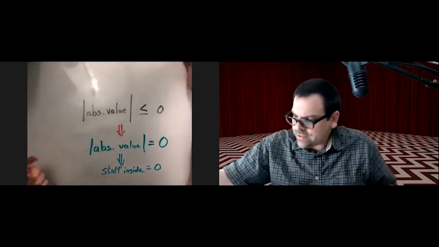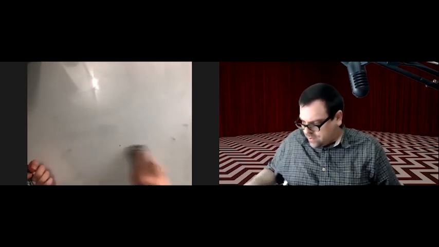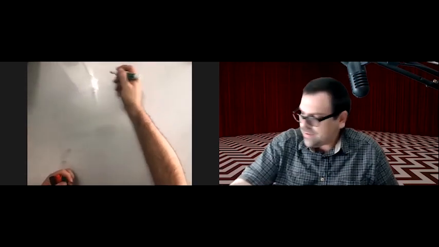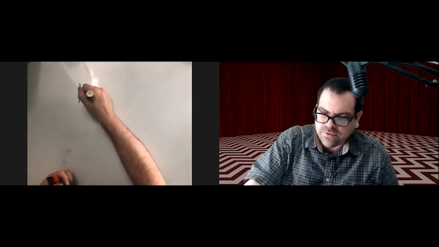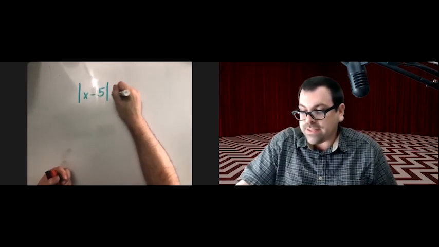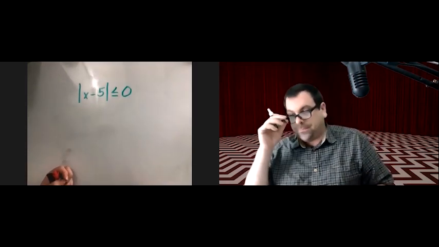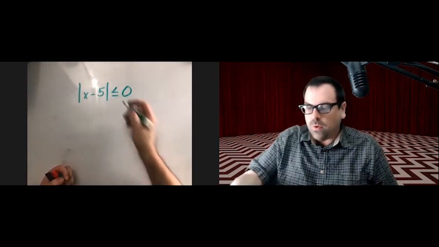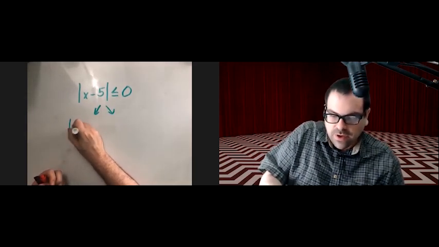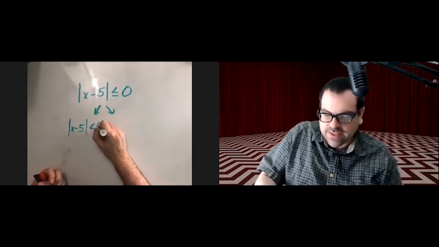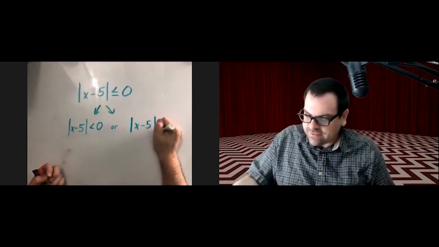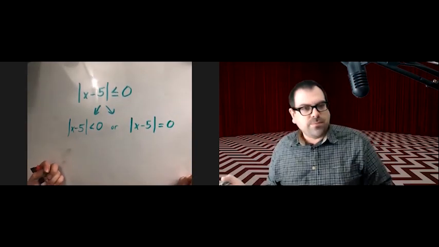Let's actually do one like this. If you're confused about what I'm saying there, maybe if we actually have some things. Let's take a look at the absolute value of x minus 5 is less than or equal to 0. Well, less than or equal to means the absolute value of x minus 5 is less than 0, or the absolute value of x minus 5 equals 0.